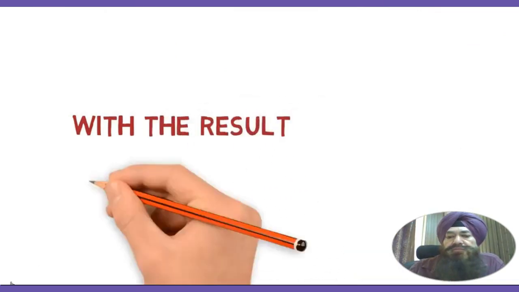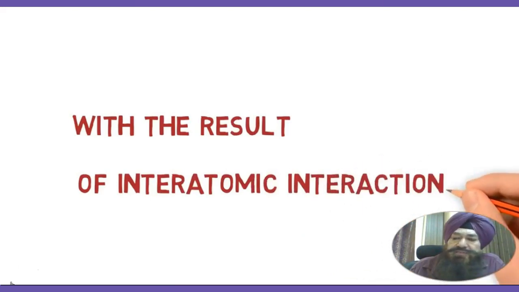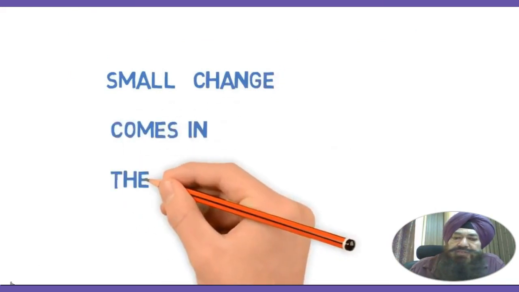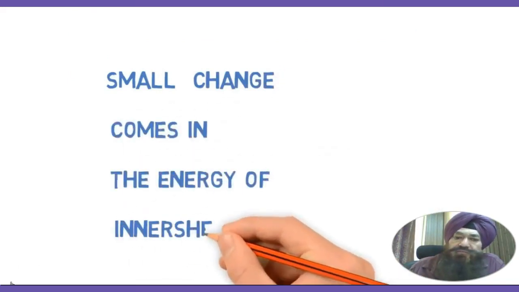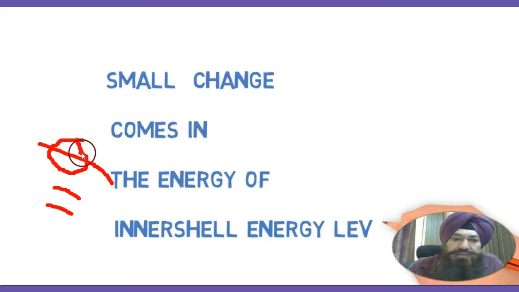So as a result of interatomic interactions, a small change comes in the energy. Remember one thing again, there are inner shells and the outer shell. There will be a large change in the outer shell, and a small change in the inner, because inner shells are shielded by the outer ones.